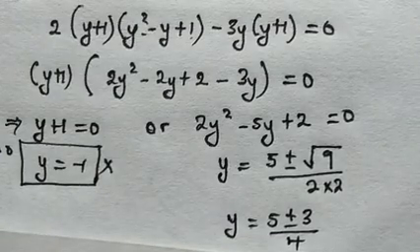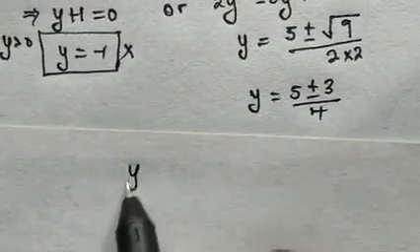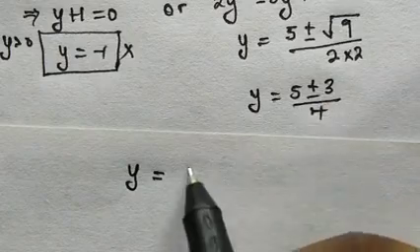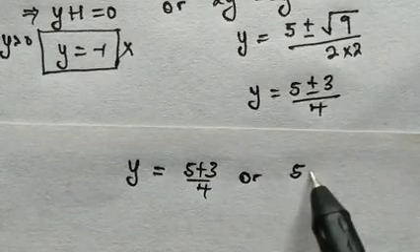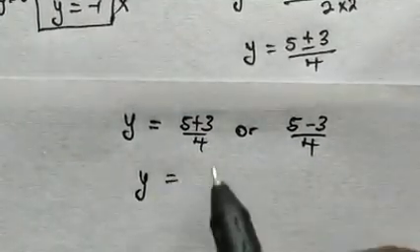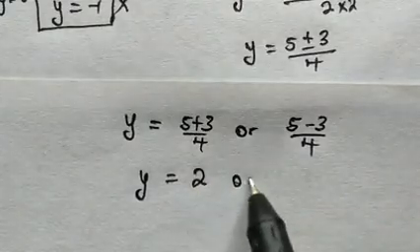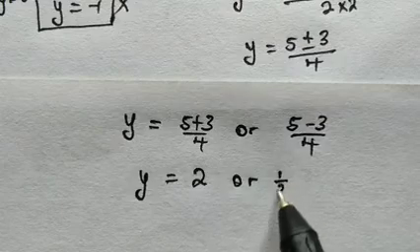Okay, so from here now, we now have y is equal to 5 plus 3 divided by 4 or 5 minus 3 divided by 4. So here we get y is equal to 8 divided by 4 is 2, or 5 minus 3 is 2 divided by 4, which is 1 over 2.